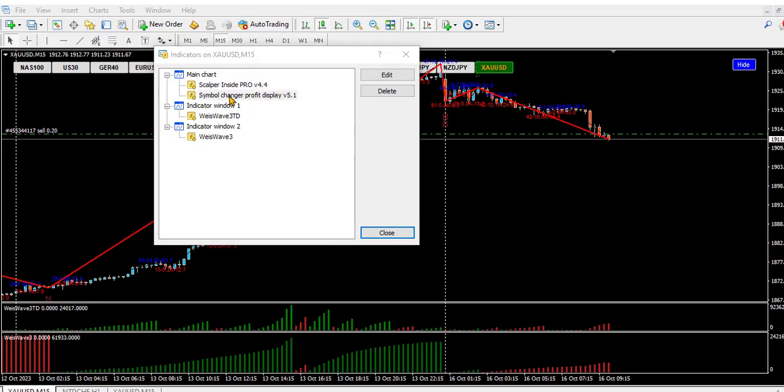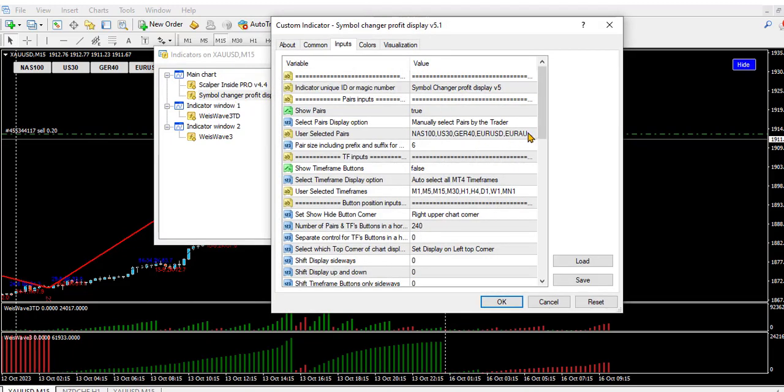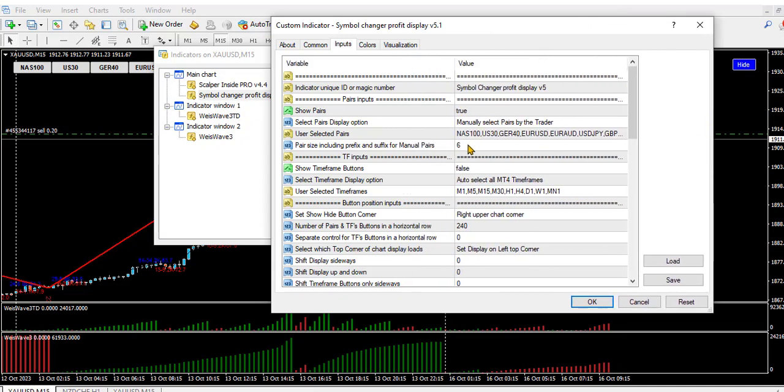So this is Symbol Changer, and this is where you adjust the value. Now I'm using the 6 here, pair size including previous and so on, 6. Why is this? NAS100 is the value, that is 6, and you must make sure you use the value of the first pair you have on the symbol changer.